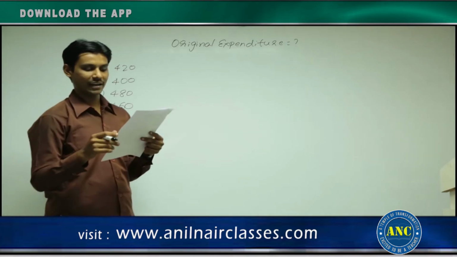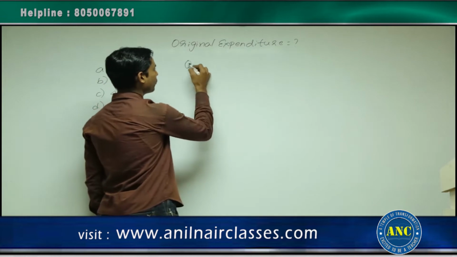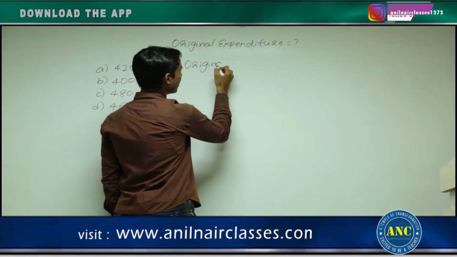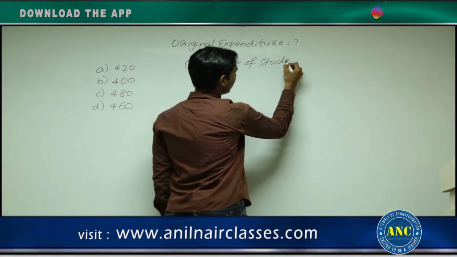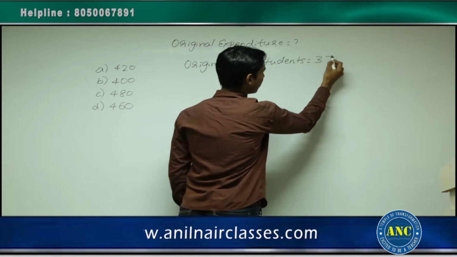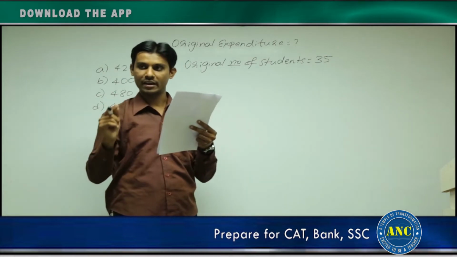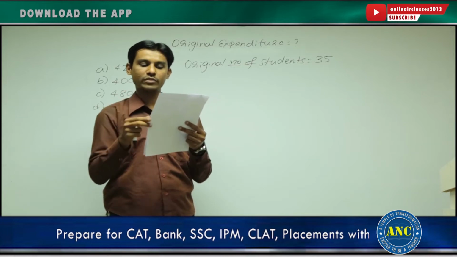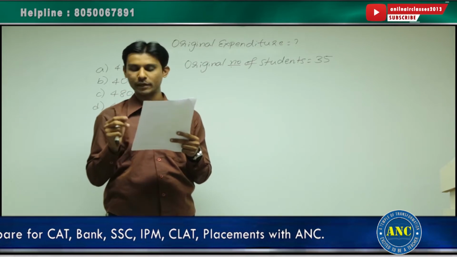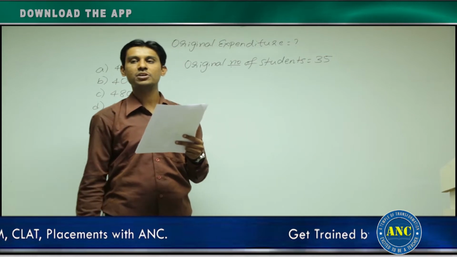Now see here. What is the question telling? There were 35 students in a hostel. The original number of students is 35, given in the question. If the number of students increases by 7, the expenses of the mess increases by 42 rupees per day, while the average expenditure per head diminishes by 1 rupee.